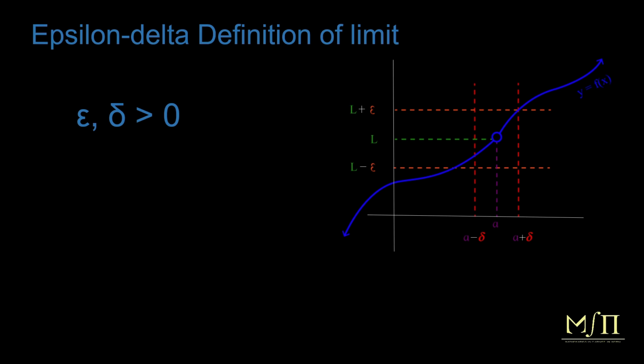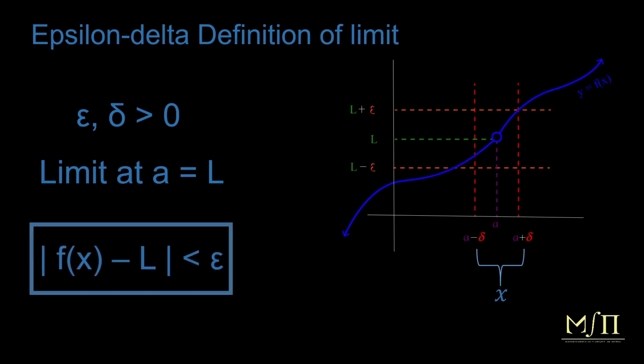Suppose the limit of the function at a is L. Now, if you pick any value of x that lies within the range of a minus delta to a plus delta, then the definition says that the distance between f of x and L is less than epsilon.